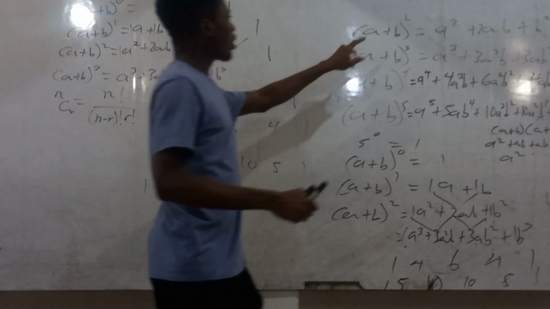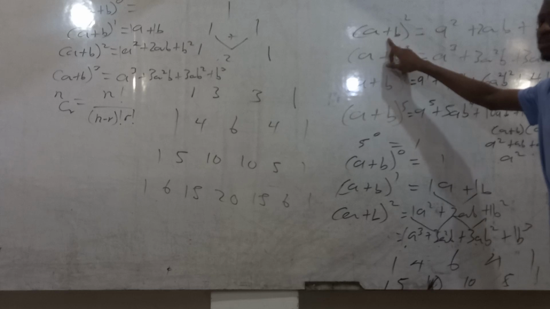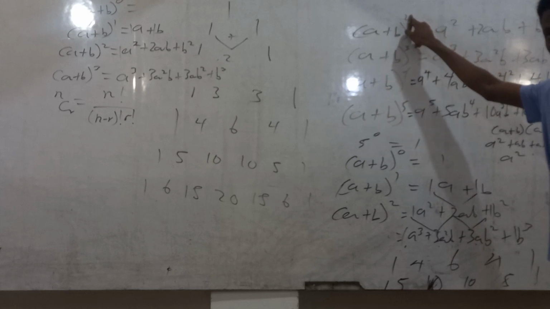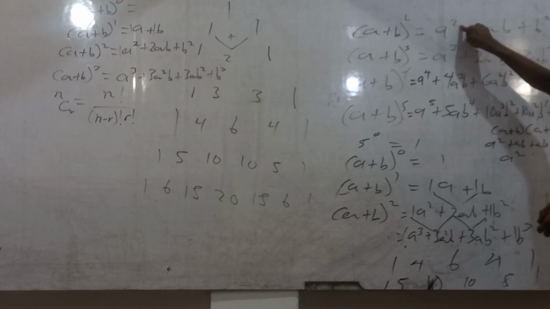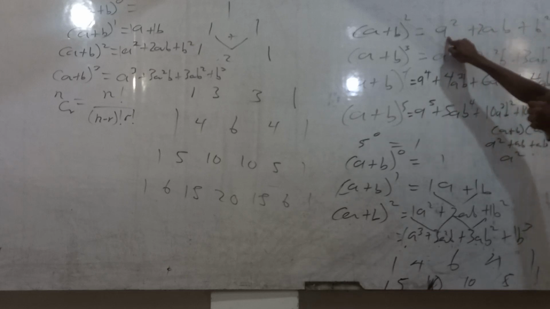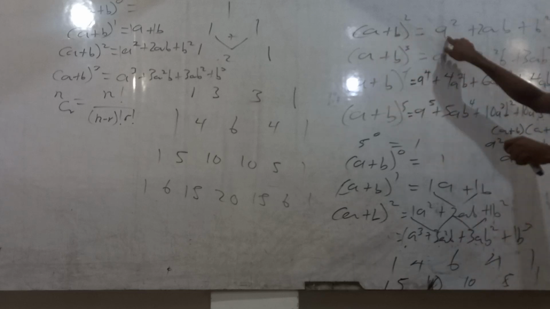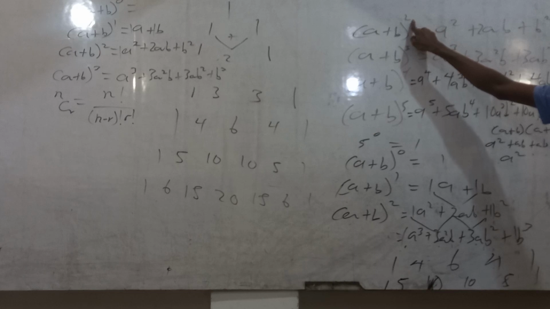So now let's come back to this. If you have (a plus b) squared, the first term will take a squared. Always, the first term will take the first variable, a, to the total power.